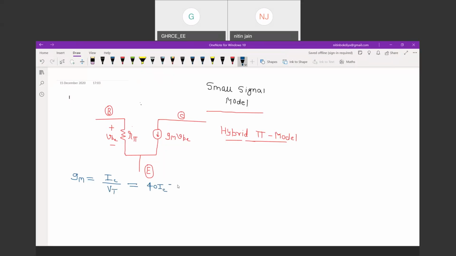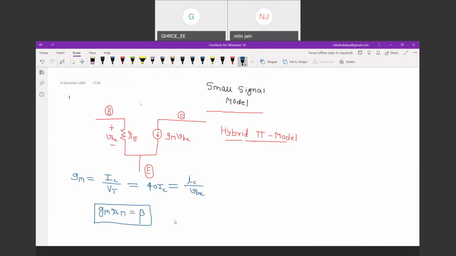This is also the ratio of small ic divided by VBE. One more very important relationship is GM into R pi, which is equivalent to beta.